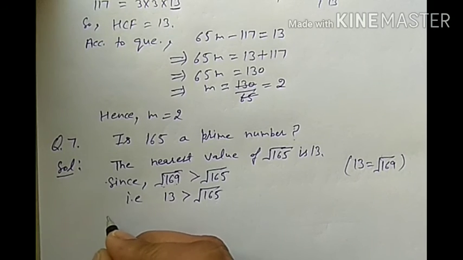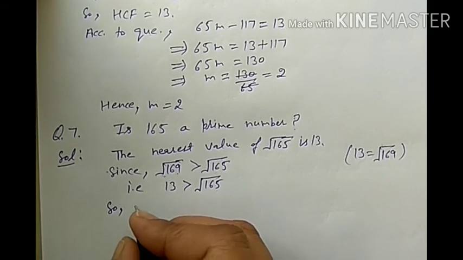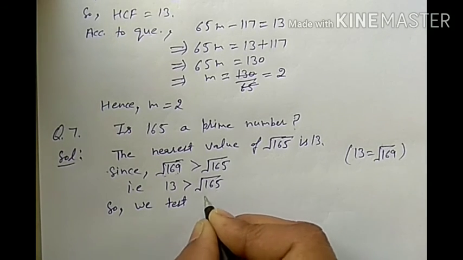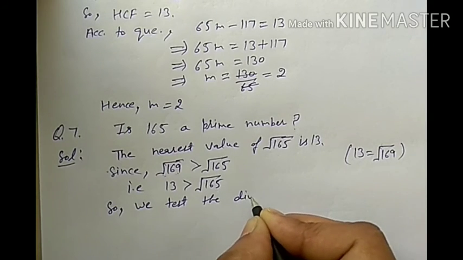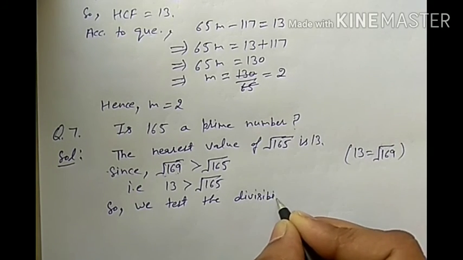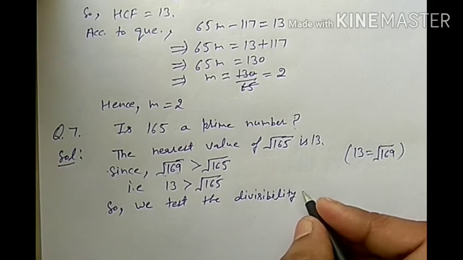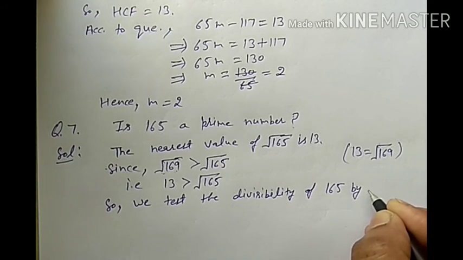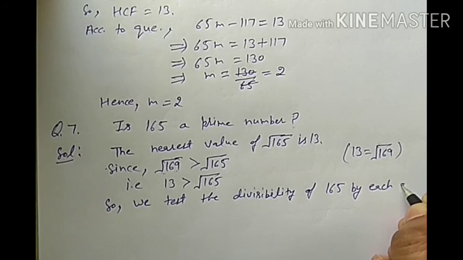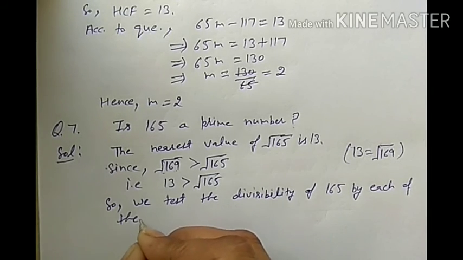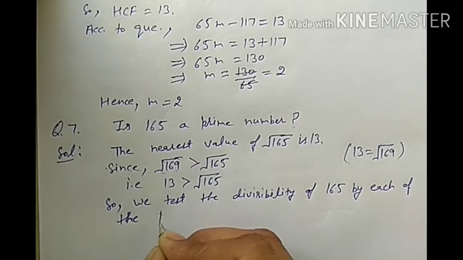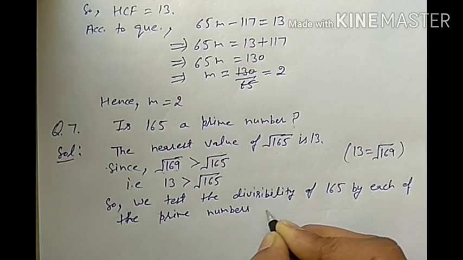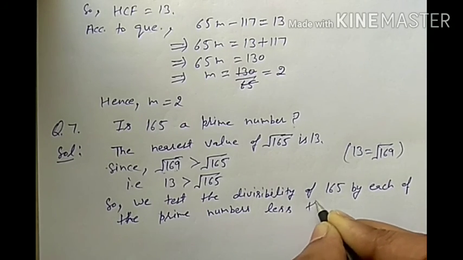Now, for the divisibility test, there is no need to divide by every number. We test the divisibility only for prime numbers. We test the divisibility of 165 by each of the prime numbers, not all numbers, only by prime numbers less than 13.